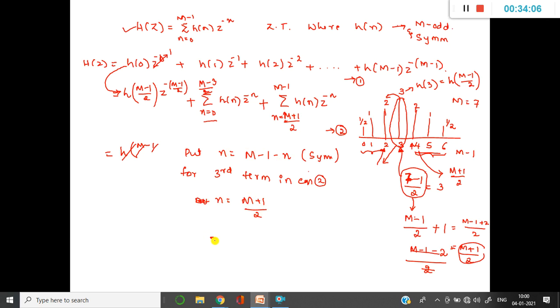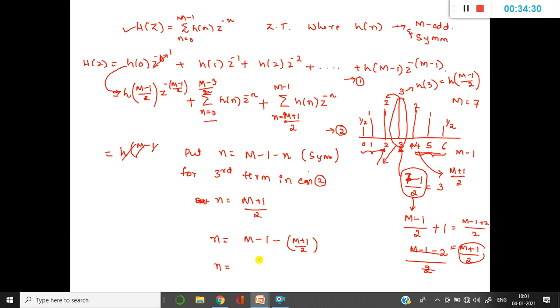If n equal to m plus 1 by 2, so put n equal to m minus 1 minus n, substituting this m plus 1 by 2. If you simplify this, you are going to get n is equal to what?